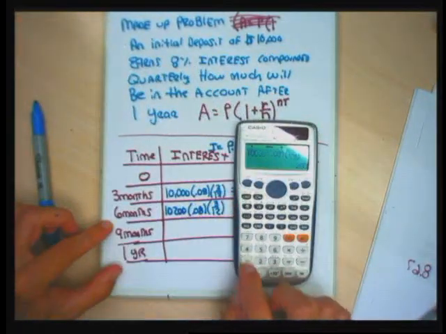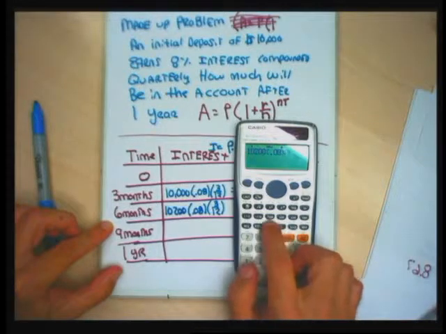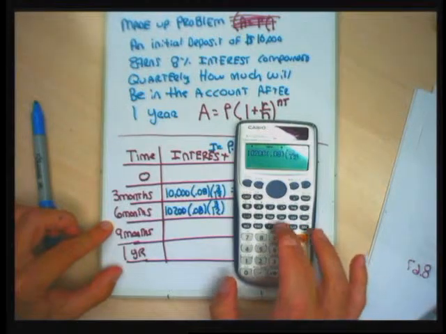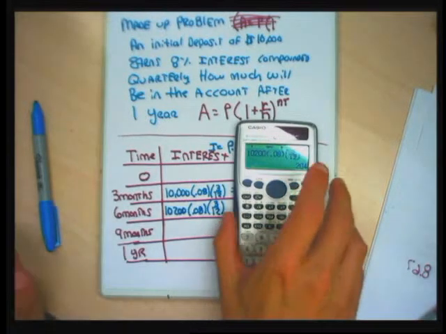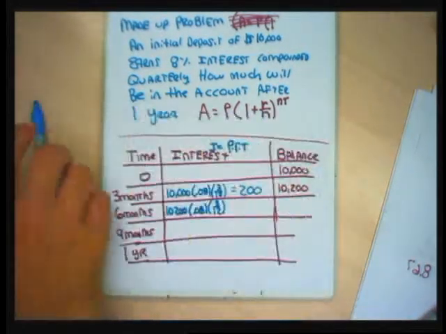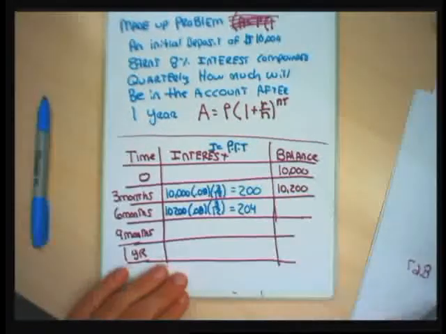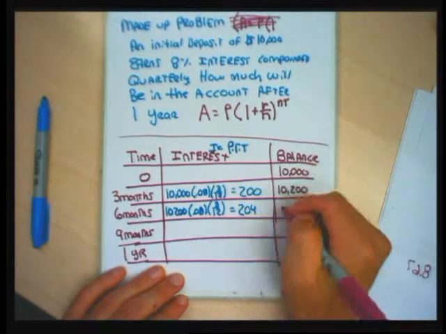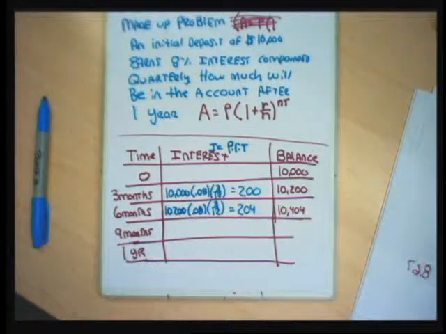With compounding interest, each successive time that you get interest, you get more interest than the last time because your interest is gaining interest. So the second time I get interest, it's going to be $204 as opposed to $200 because I'm getting interest on my interest. And that's what compounding is. So if I take the $204 worth of interest and add it to the $10,200, that gives me $10,404.